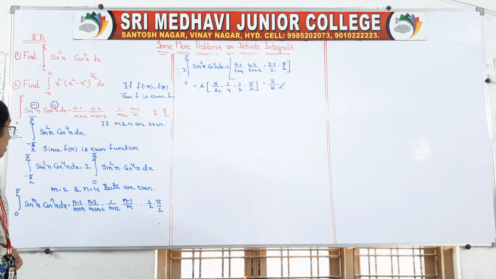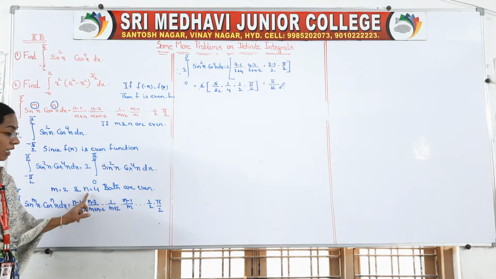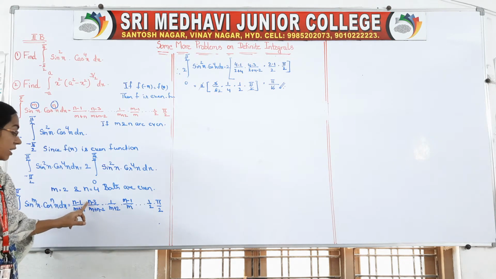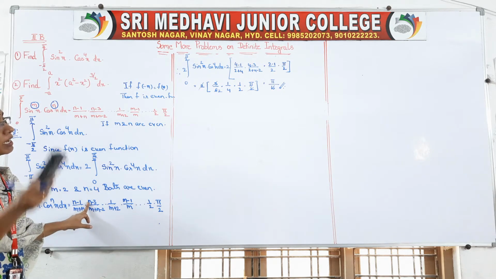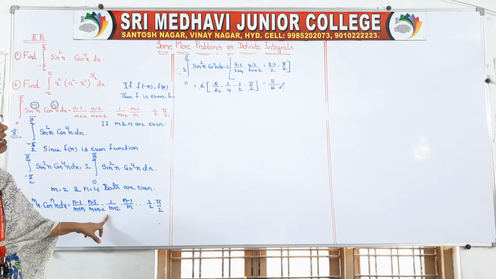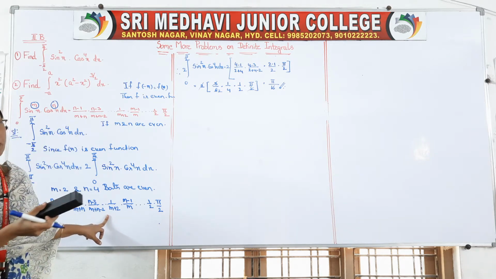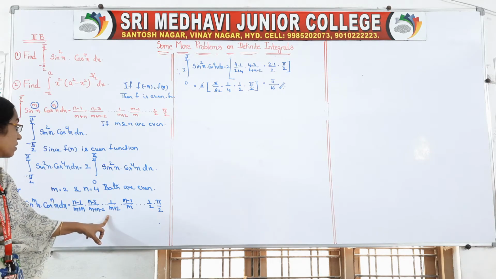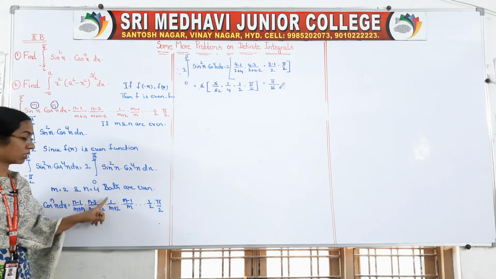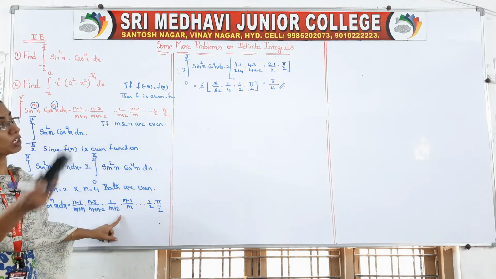Okay, so here your m is 2, n is equal to 4. That's why I substituted in the beginning; the second term is n minus 3 by m plus n minus 2. We got 1 by 4. 1 by 4 means it is in the form of 1 by 2 plus 2. That means the 1 by m plus 2 term comes.